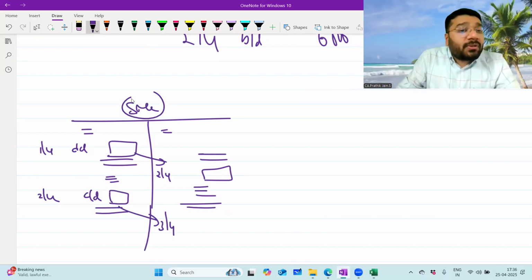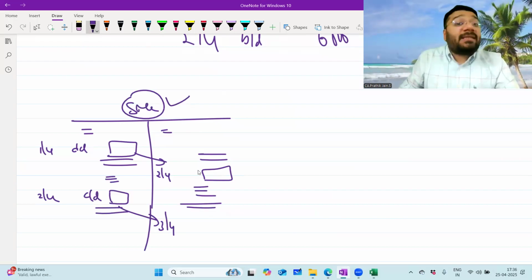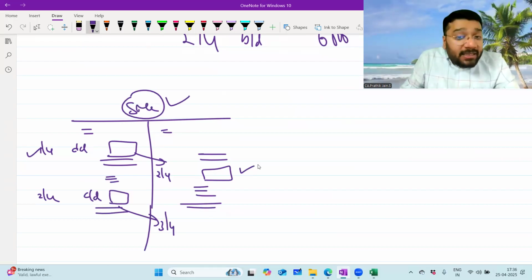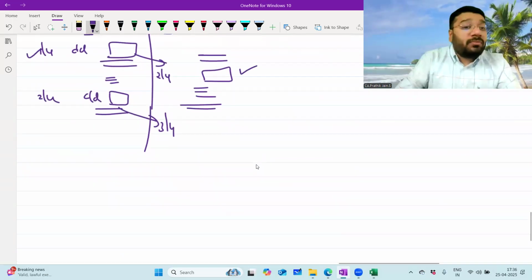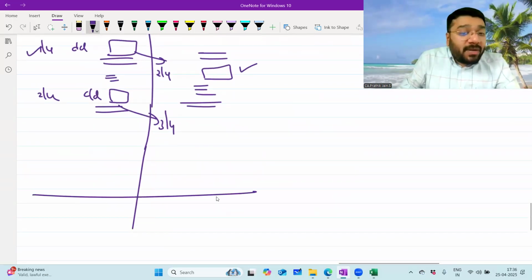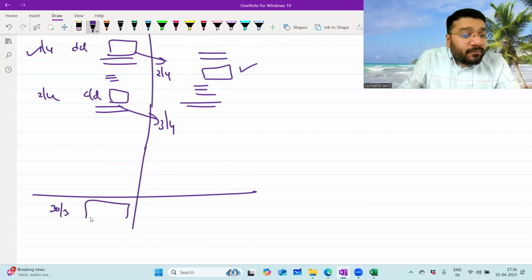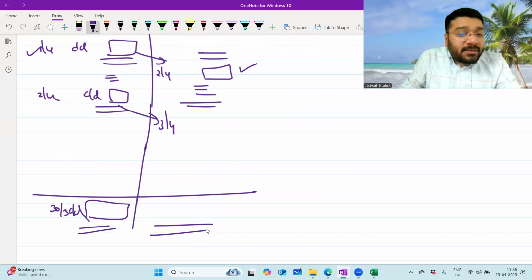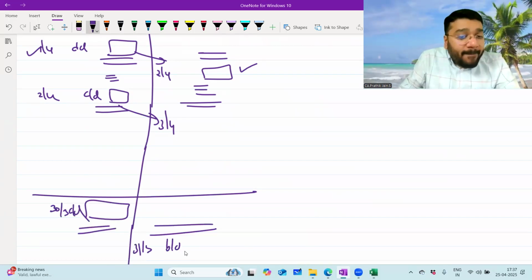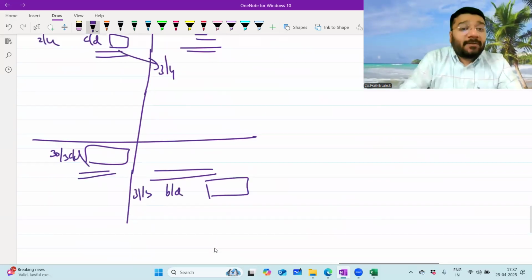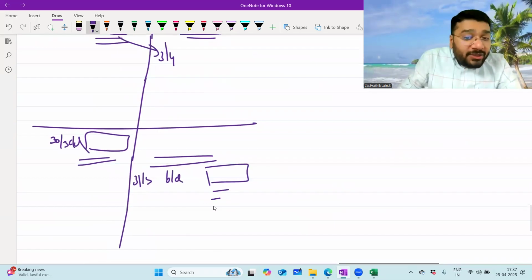This is the sale account. The sale account can have balance carried down and balance brought down up to 31st March. 30th March balance carried down, 31st March balance brought down, then 31st March transactions.